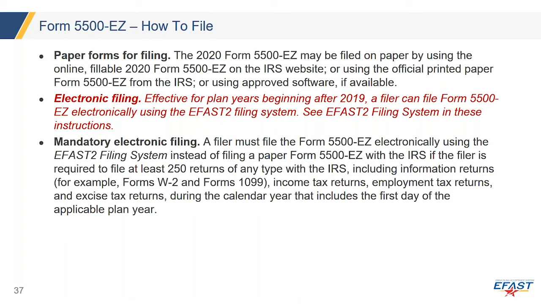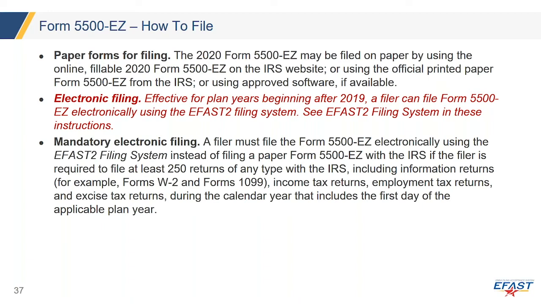you can file on paper, mailed to the IRS, or you can file electronically through EFAST2. So that's why we're talking today, but just be aware of that. The IRS has a mandatory e-filing requirement.